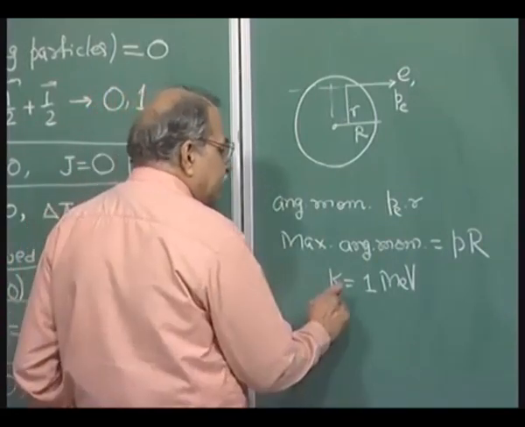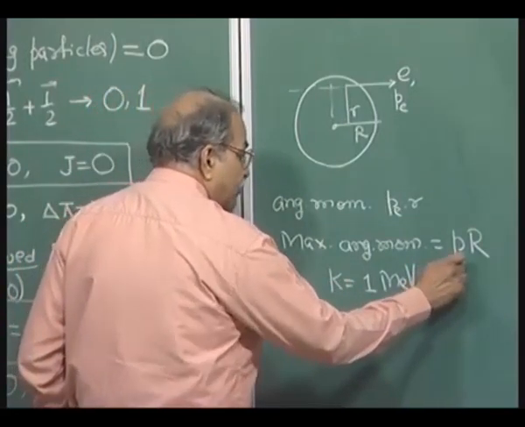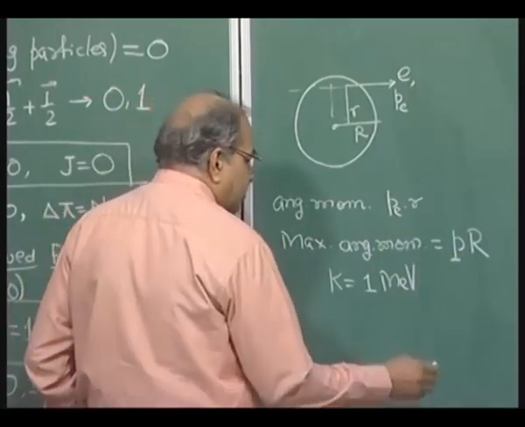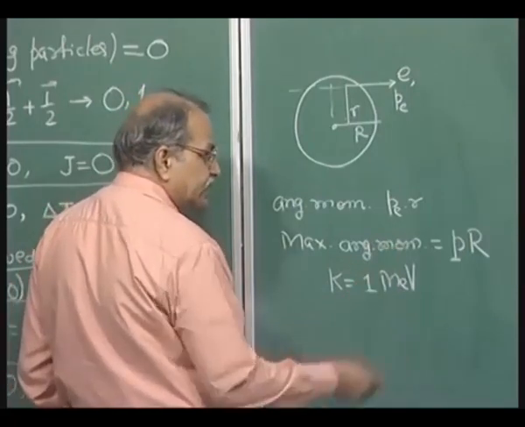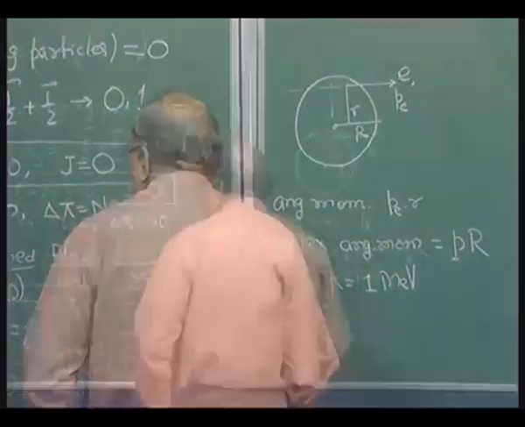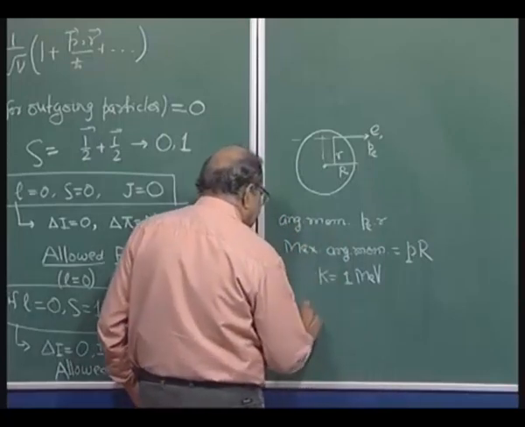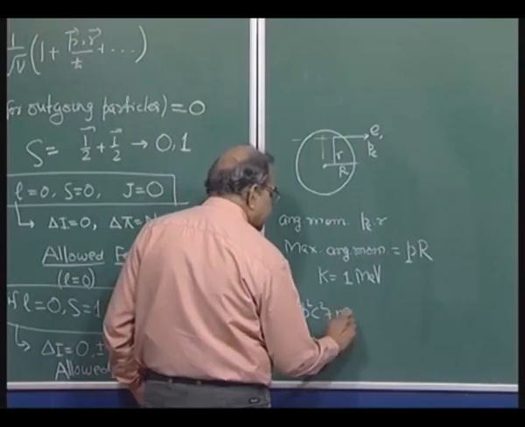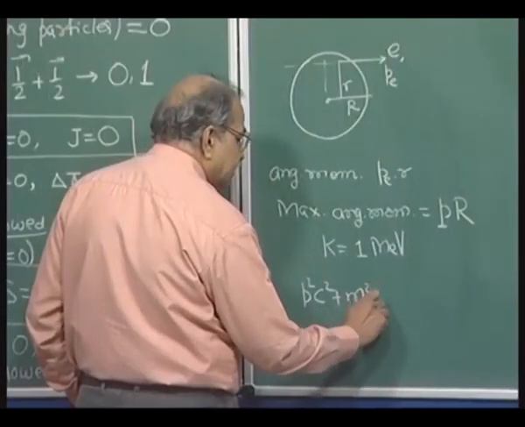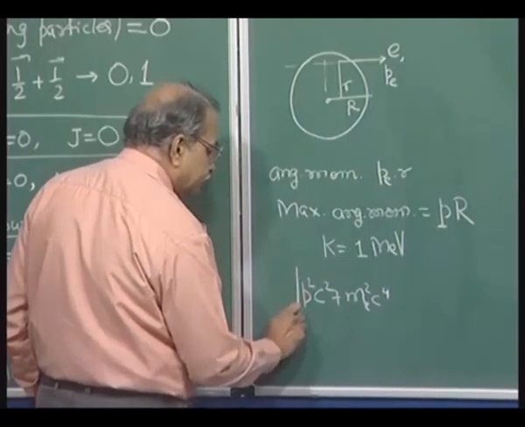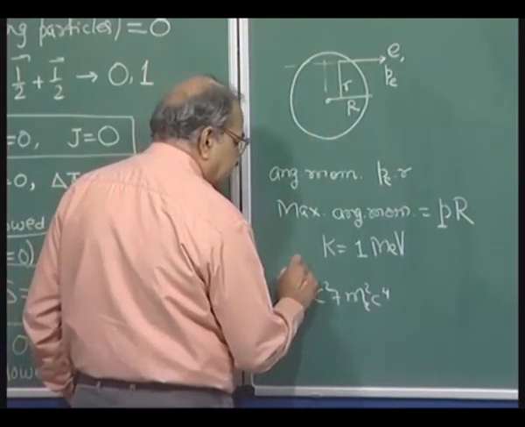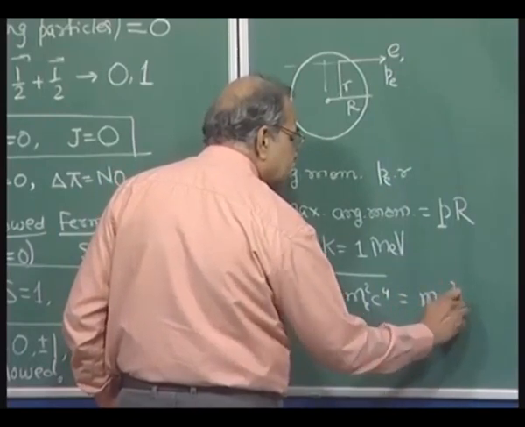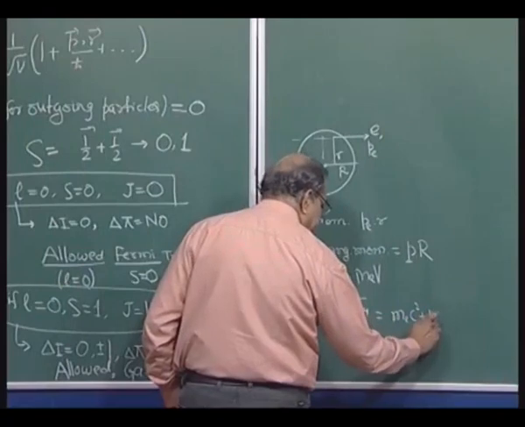So, if this be the kinetic energy, what will be linear momentum for electron, let us say. For electron, since the rest mass energy is only 0.511 MeV, you have to use that relativistic expression, P square C square plus m E square C4, this is the total energy, and this total energy is equal to rest mass energy plus the kinetic energy.